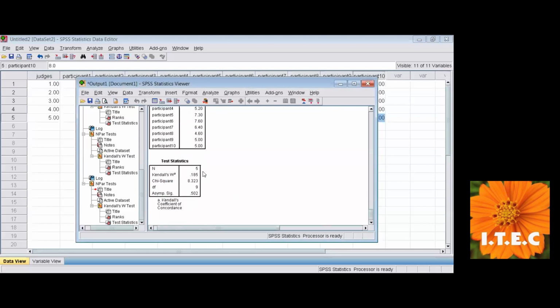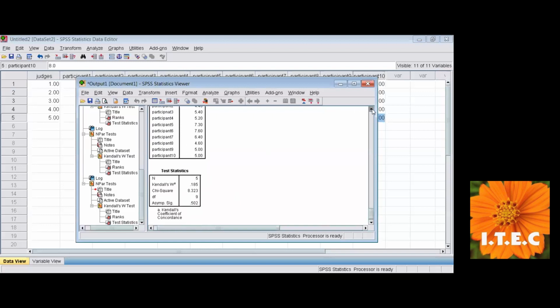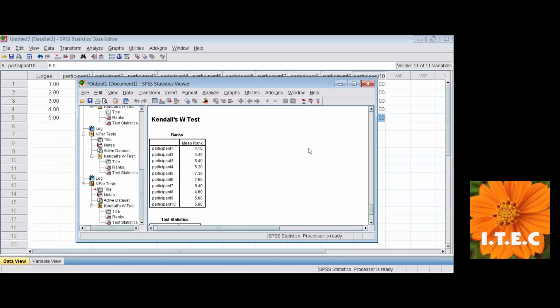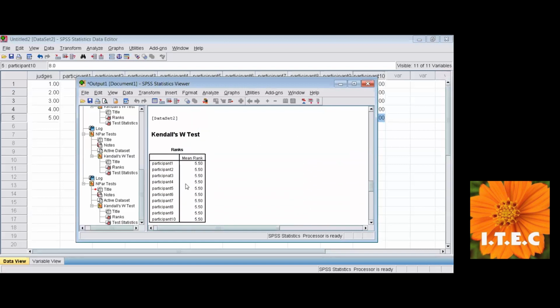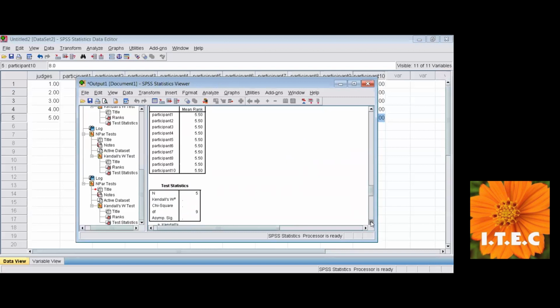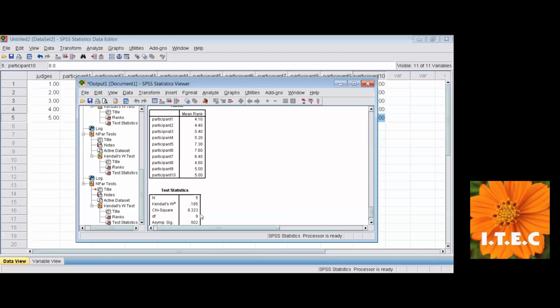Now you can see, because the same rating was there, the rank was same. So that means there is perfect agreement in there. Now, in this particular case, you see here the ranks are coming different and low, and the chi-square value is not significant.